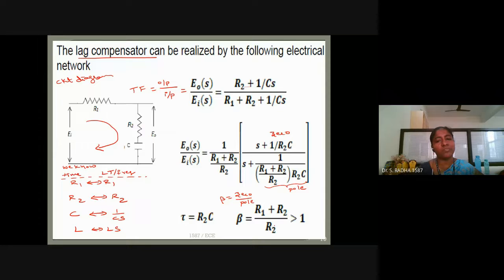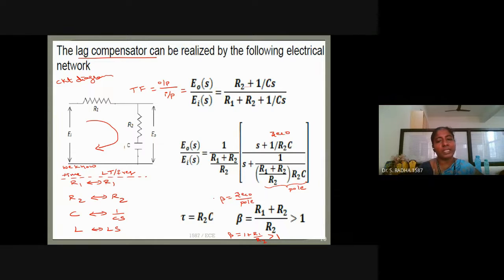So beta is 1 plus R1 by R2. R1 by R2 is definitely a positive value, since a resistor value cannot be negative. So 1 plus that means a value greater than 1.